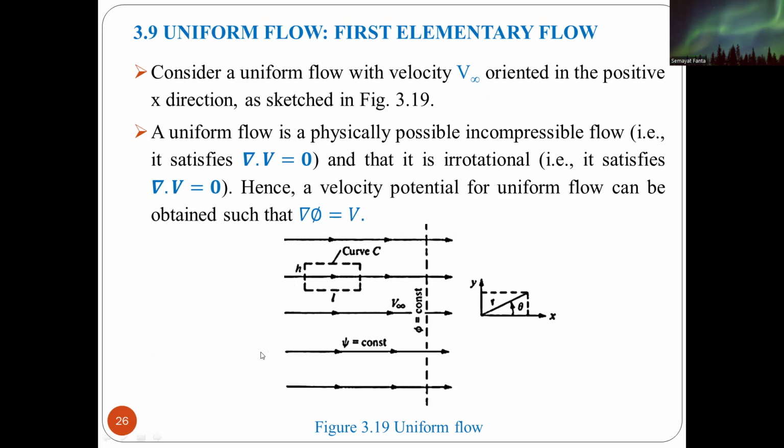And in the uniform flow here, psi is constant in the horizontal, and phi is constant in the vertical. A uniform flow is a physically possible incompressible flow that satisfies the divergence of velocity equal to 0, and that it is irrotational.